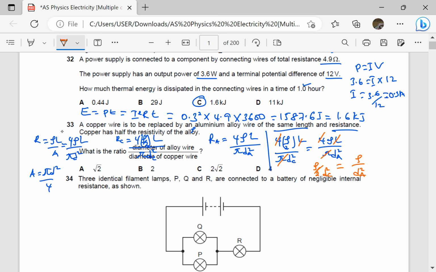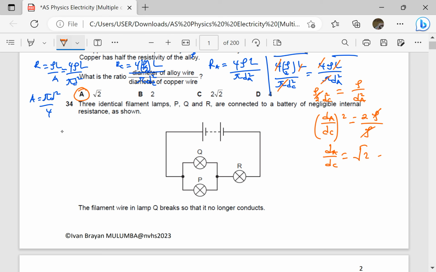So rho has cancelled, but I want diameter of the alloy over diameter of copper, so I'll just cross multiply and make diameter of the alloy squared over diameter of copper squared equal to, the other side I have twice rho divided by rho, which shows that rho cancels out. Then I have to find the square root. So diameter of the alloy divided by diameter of copper is going to be the square root of 2. So which makes our answer to be A.